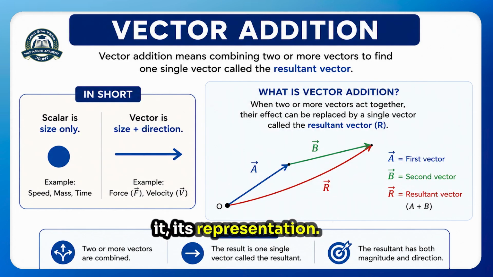Usually scalars are written as normal numbers, for example 25 meter, whereas vectors are written in bold letters or with an arrow above them. So you can see the example F and V for force and velocity with arrows on top of them. In short, scalar is size only and vector is size plus direction. So I hope these concepts are very clear to you now.